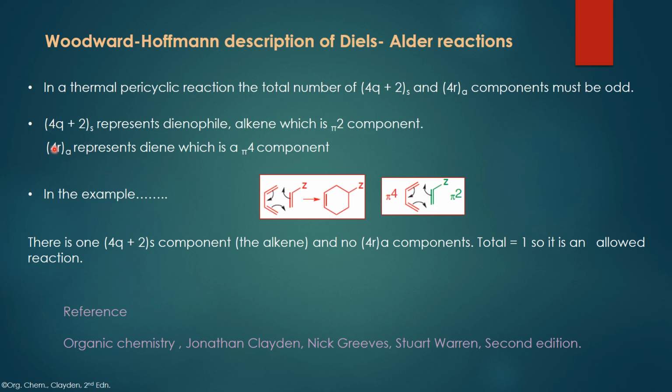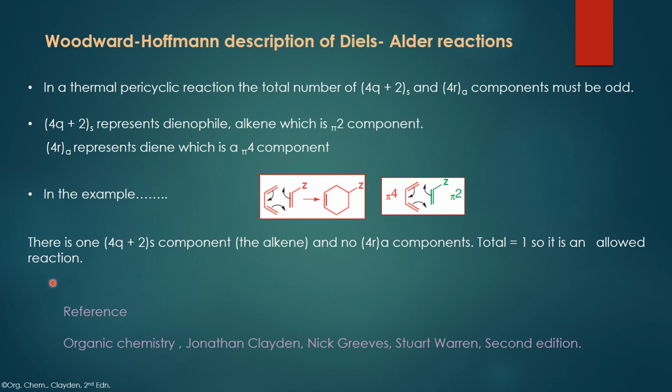So there is no 4R antarafacial. This is 4R suprafacial, and this is 4Q plus 2 suprafacial. Therefore, there is one 4Q plus 2 component acting and no 4R A component. So total 1 plus 0, that is 1. Since 1 is an odd number, it is an allowed transition.